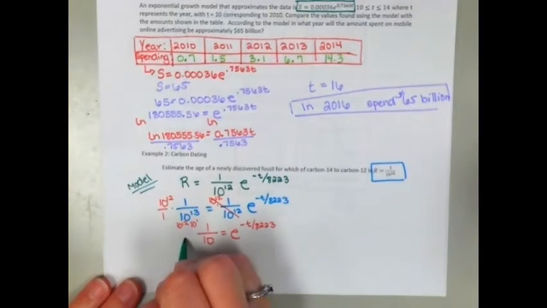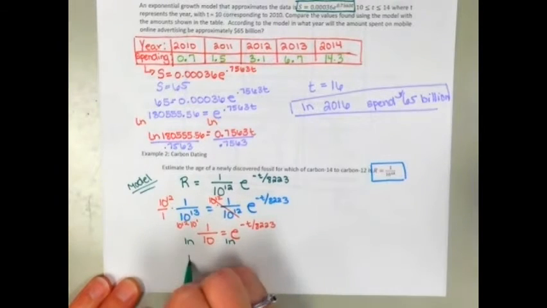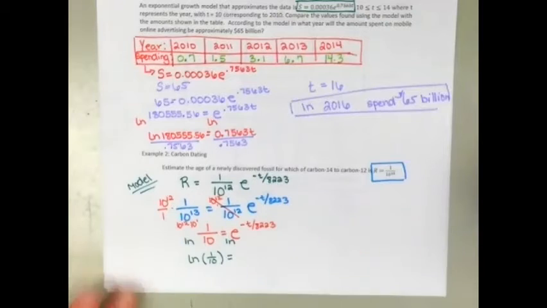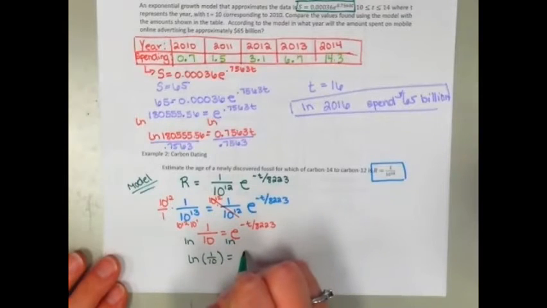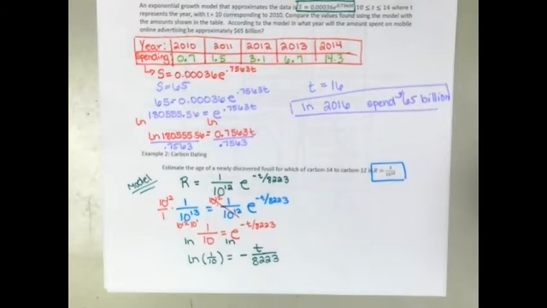Now, how would I get rid of the e on both sides? Take the ln. So I'm going to take the natural log of both sides. So I'm going to leave the natural log of 1 over 10 if you guys are okay with that. Equals, what's the ln of e to the negative t over 8,223? Isn't that just negative t over 8,223? Now, how do I solve for t?